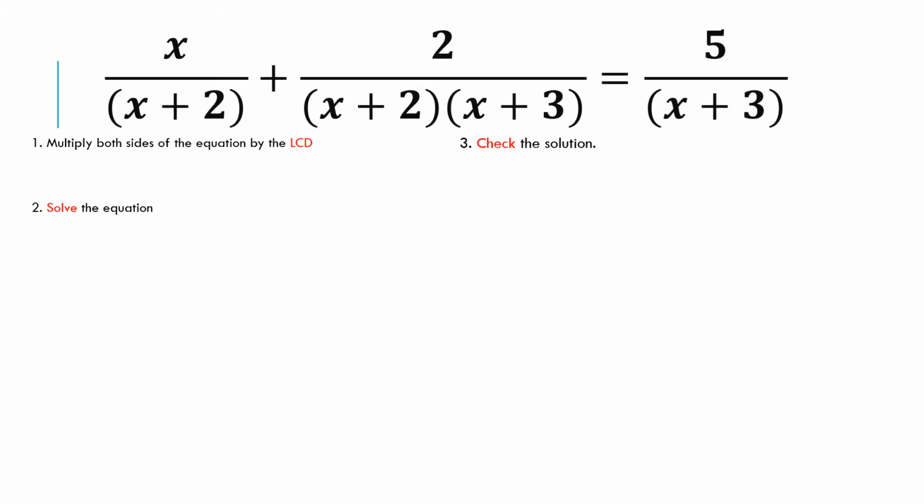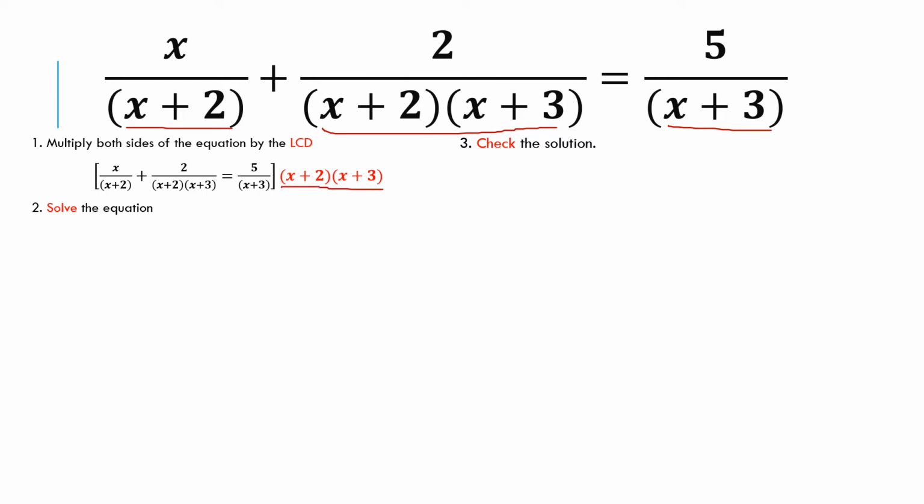About this rational equation. First step, multiply both sides of the equation by the LCD. Looking at the denominators, the LCD is the quantity x plus 2 times the quantity x plus 3. Now, we will multiply the LCD sa lahat ng terms dito sa ating equation.